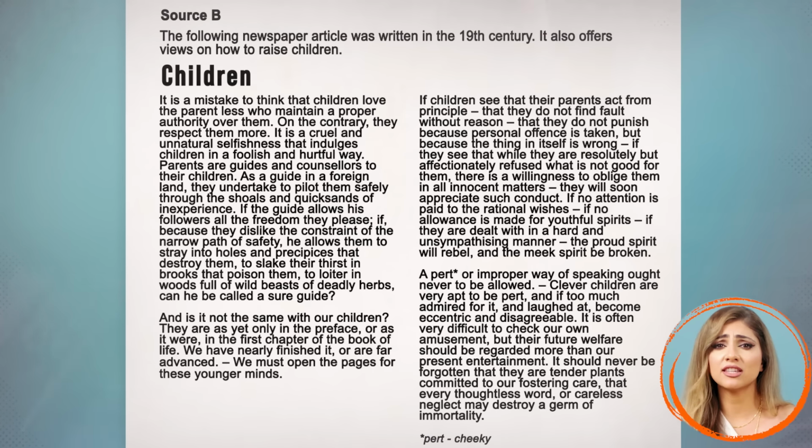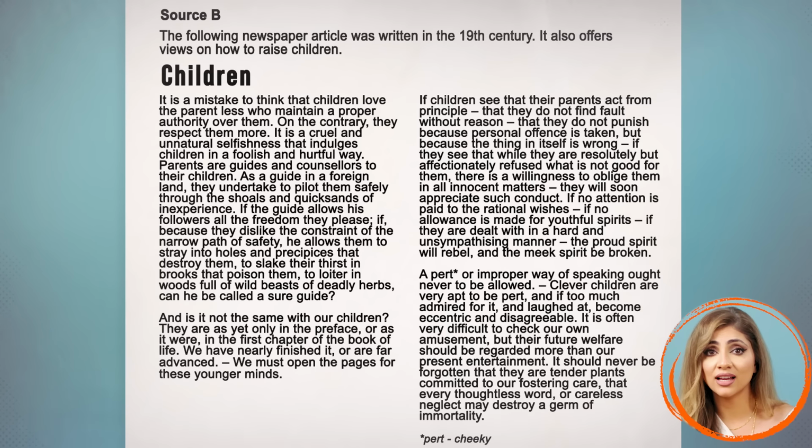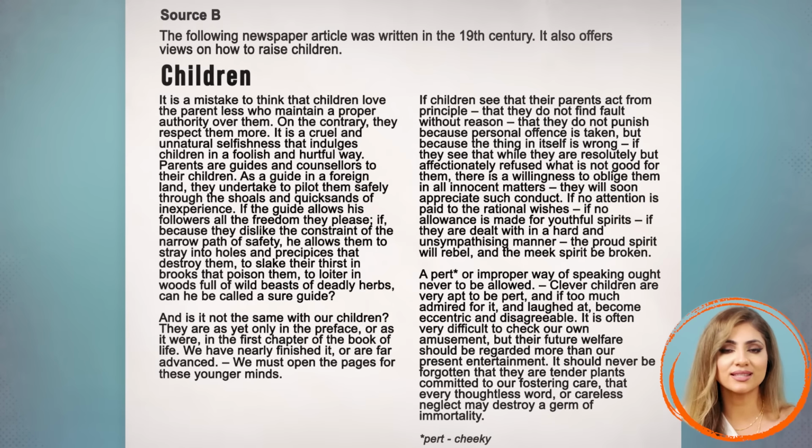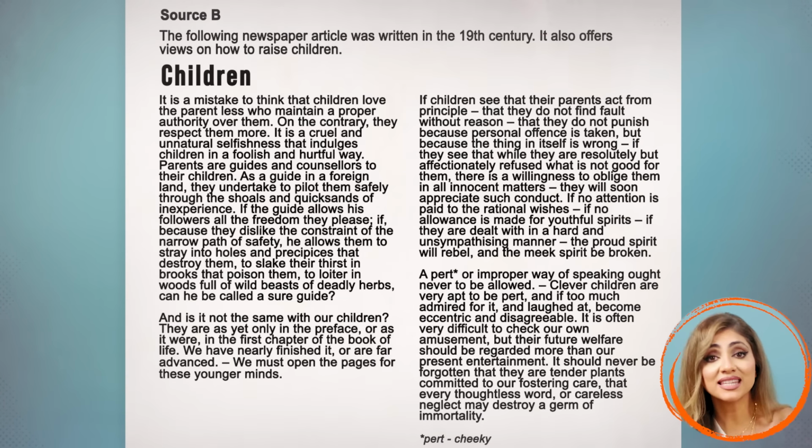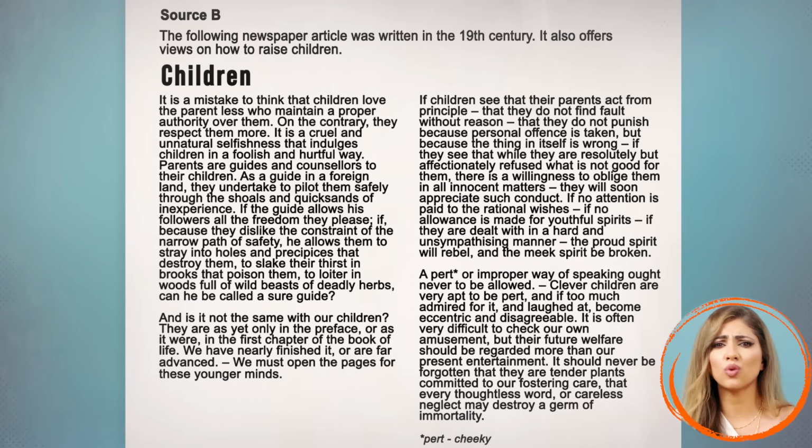It is often very difficult to check our own amusement, but their future welfare should be regarded more than our present entertainment. It should never be forgotten that they are tender plants committed to our fostering care, that every thoughtless word or careless neglect may destroy a germ of immortality.